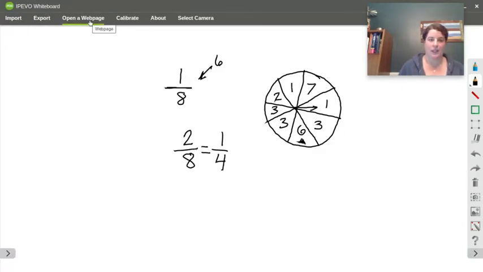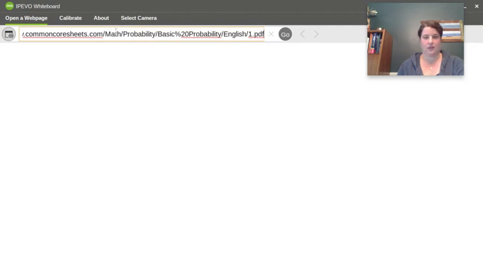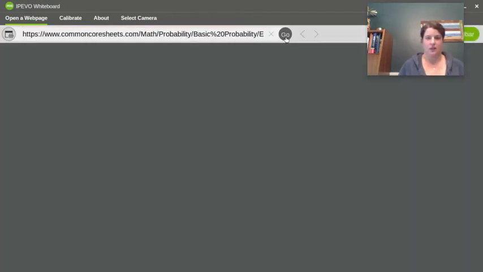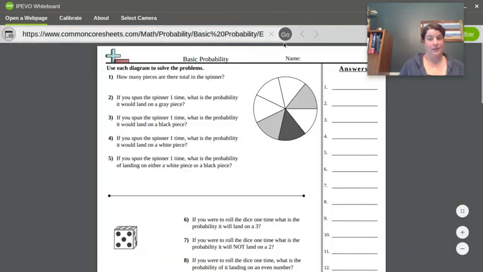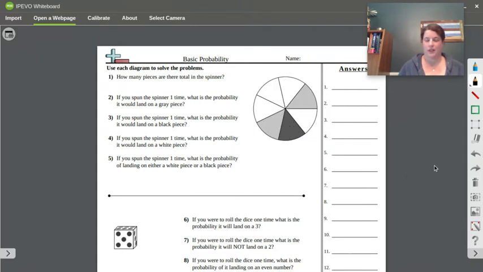Now we're going to look at a worksheet and do some questions together. On this worksheet, you see again these classic problems with spinners and dice.